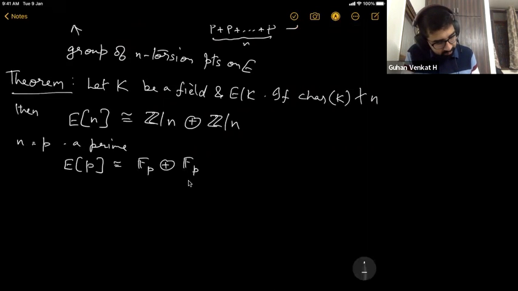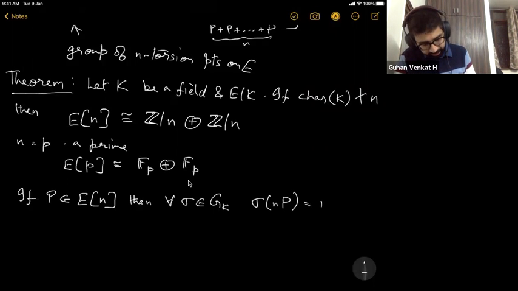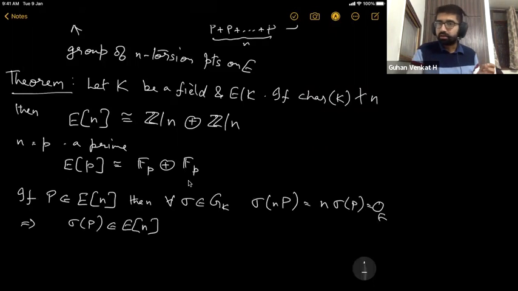So if P is an n-torsion point on this elliptic curve, then for all elements sigma of the absolute Galois group, sigma of nP is n times sigma of P, which is just the point at infinity. It shows that sigma of P is again an n-torsion point on the elliptic curve.